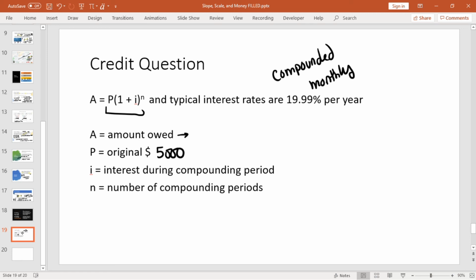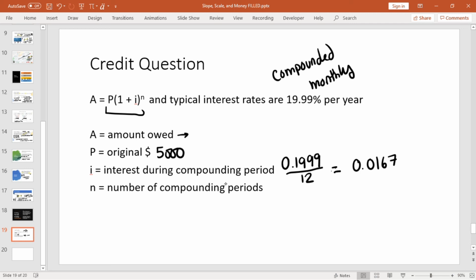I'm going to have that interest, which I put in decimal form, and it's an annual rate, but I need to split it into a monthly one, so I'm going to divide by 12. So the number does get a bit smaller, but it's still going to be pretty terrible. I'm going to pay this much interest, 1.67% in 1 month.